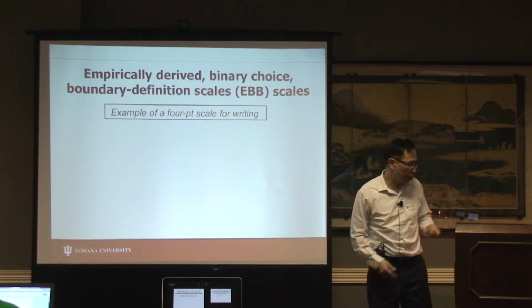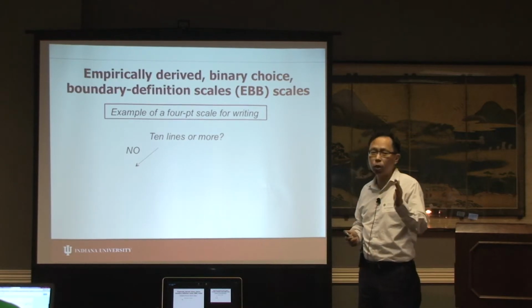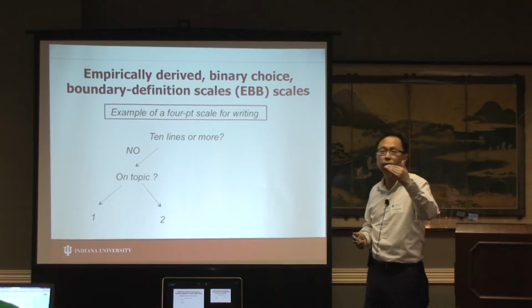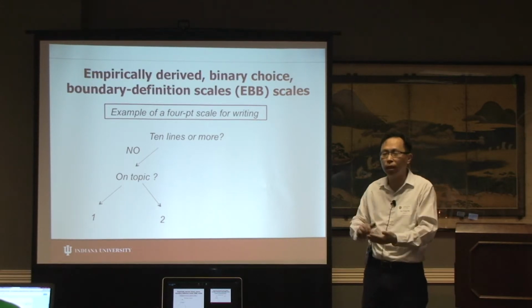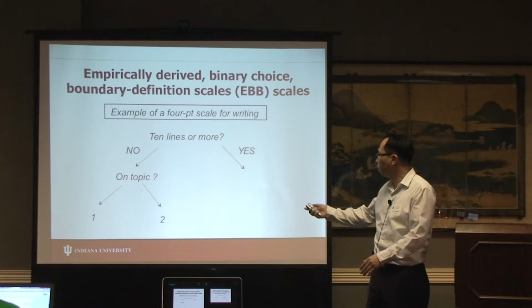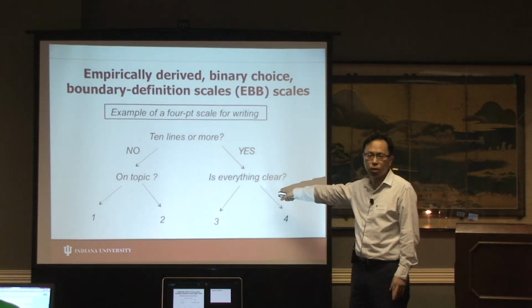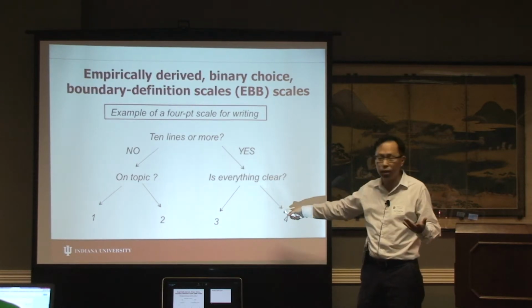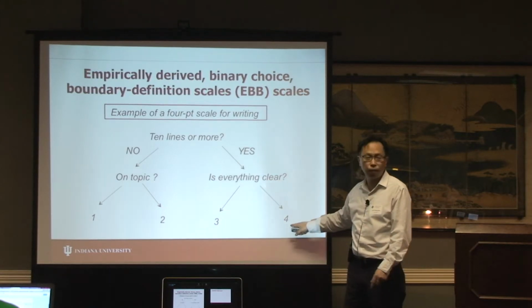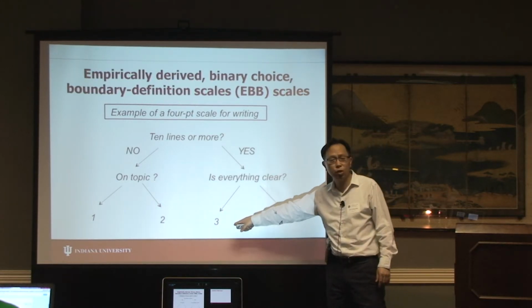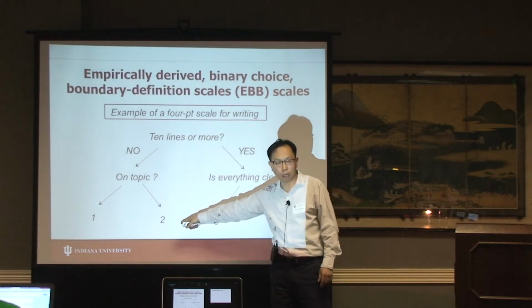So the example is, if you have a 4-point scale for writing, the very first question would be: 10 lines or more? The length is very important in writing. So if students write more than 10 lines, you get yes. And then for yes, is everything clear? That's about the development and organization. If the answer to this question is yes, you give 4. If it's no, it's 3. If it's on topic, you get 2.